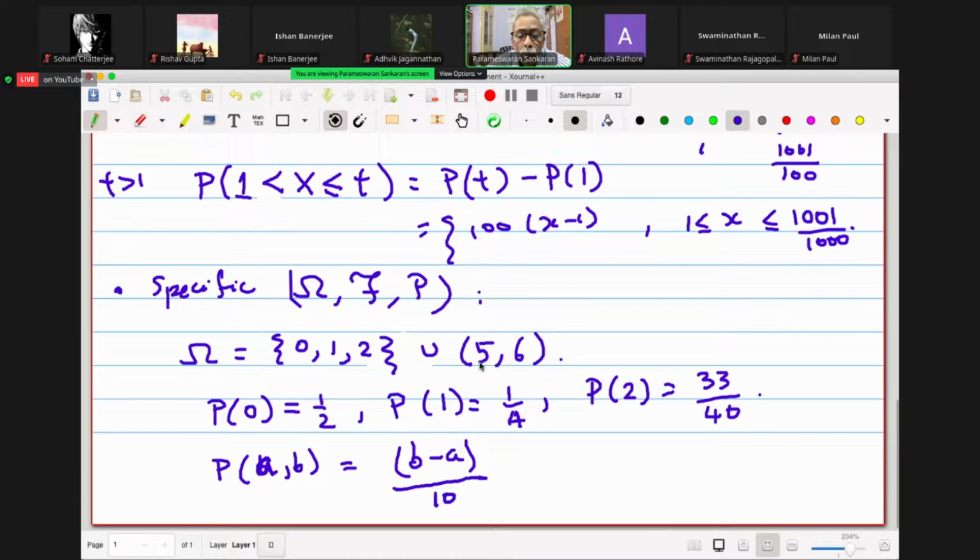The total probability for this set should account for only 1/10. So you write like this, for 0 less than a less than b less than 10. That's it. And this describes your entire probability space.